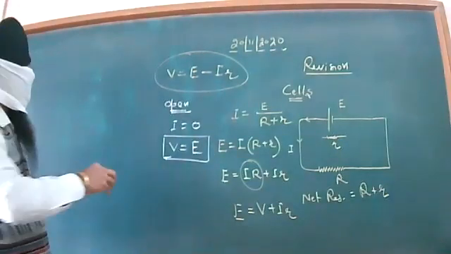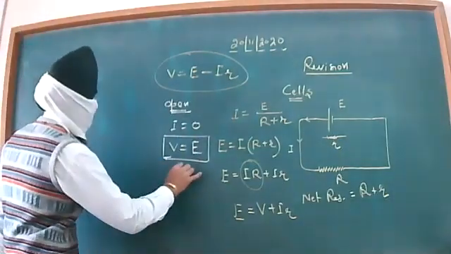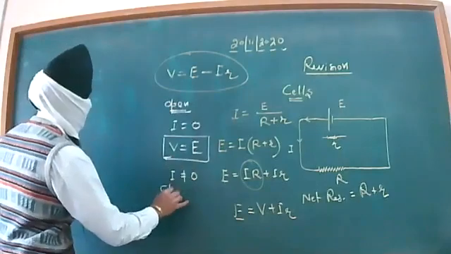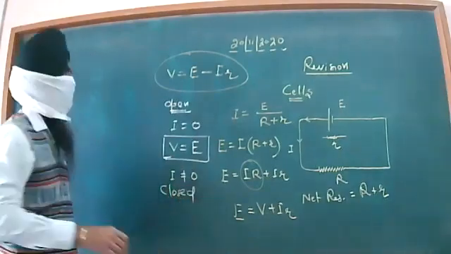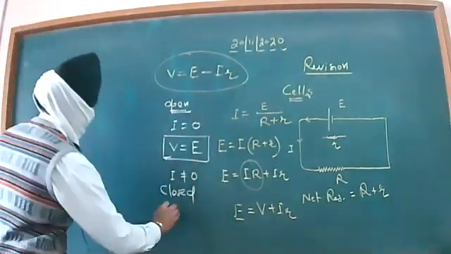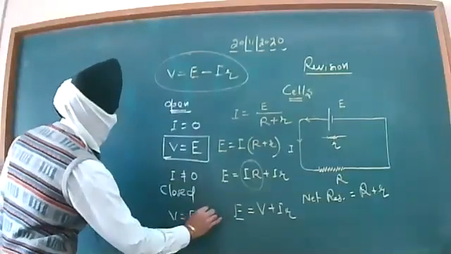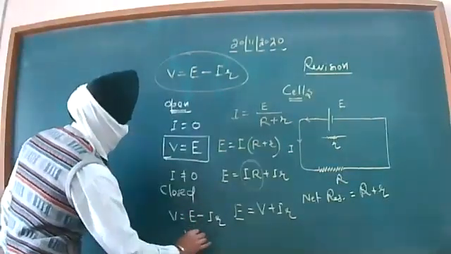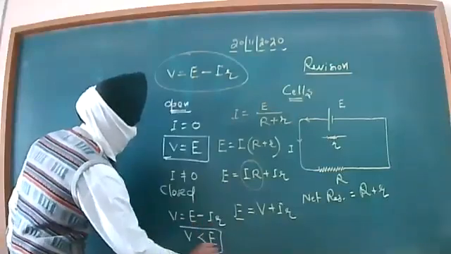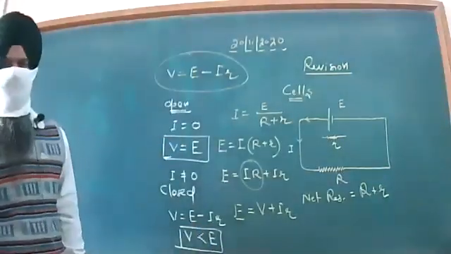And if I is non-zero, that is your circuit is a closed circuit, then V is equal to E minus I into r. V is definitely less than the EMF of the cell.